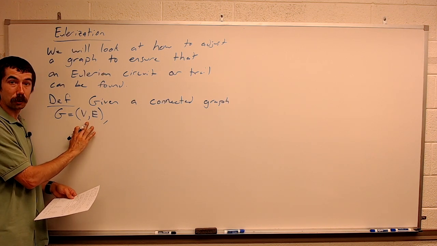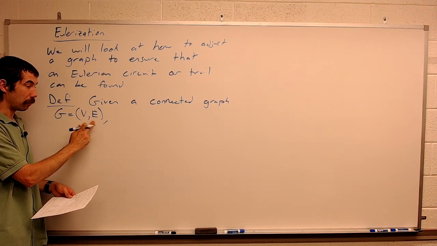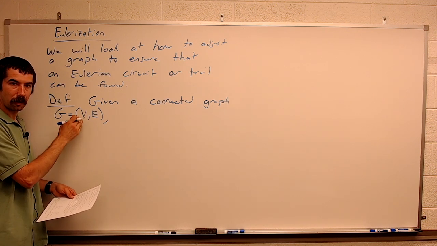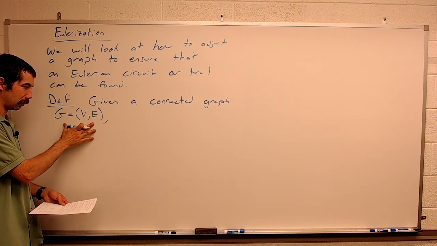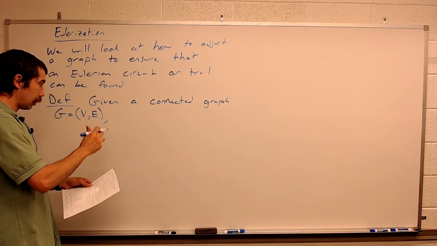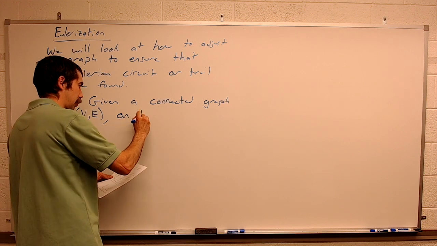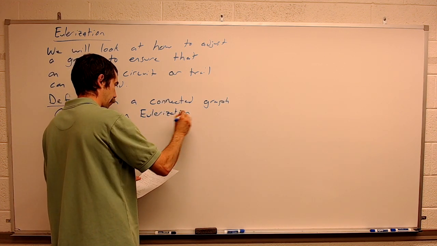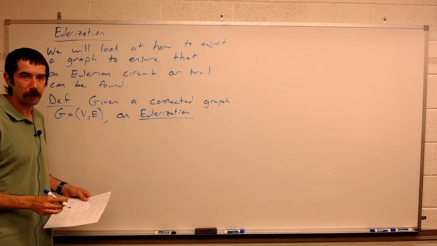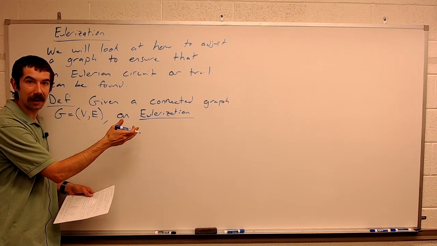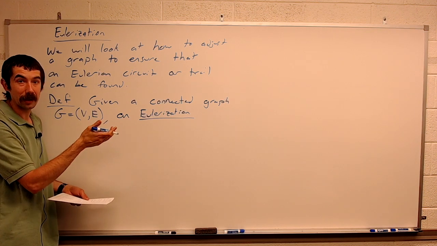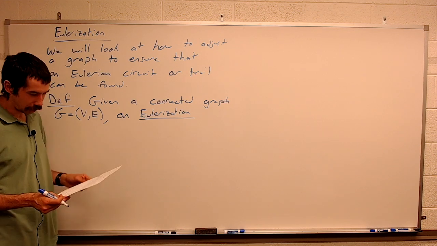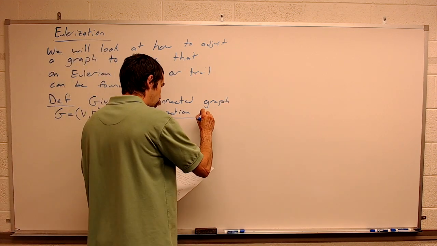We're going to make some tweaks to the edge set here, but we're going to keep the vertices the same. So hopefully by the end of this definition, it's clear why we have to be careful here. In Eulerization, Microsoft, for whatever reason, doesn't recognize this as a word. So if you type it in Word, it's going to put a little red line under it. But it's a word.